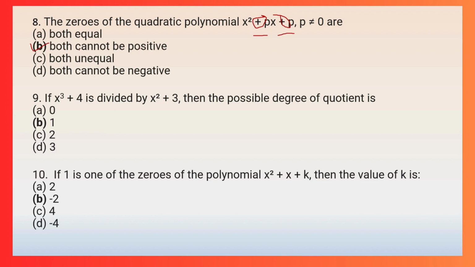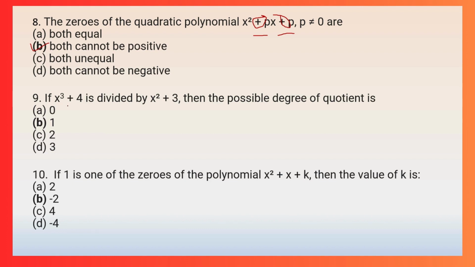This is the type of question they will ask. It is only the language used that is very difficult to understand. So you can notice the language and you can answer it.